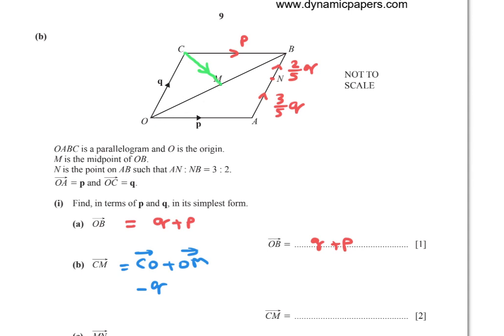Plus OM, because M is the midpoint, so OM is half OB, and OB equals Q plus B, so half of Q plus B. Now simplify: half times Q is half Q, half times B is half B. Now combine the like terms, negative 1 and half, so negative half Q. So this will be negative half Q plus half B.